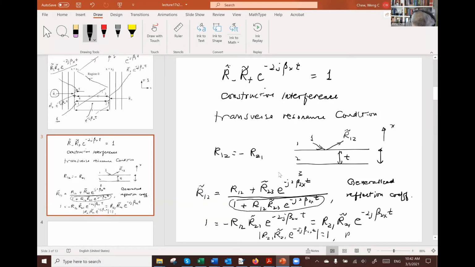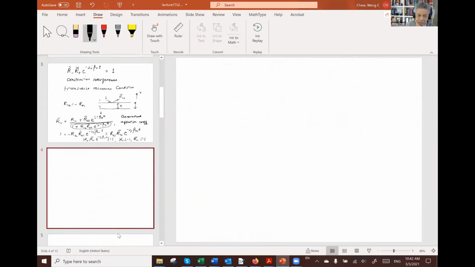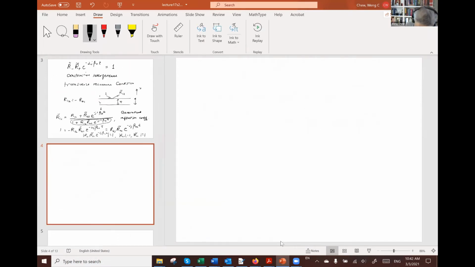This also implies, usually, unless you go to the very complicated case, that this has to be 1. When you have this to be 1, this equation can be satisfied with the proper phase factor that you put in there. And these reflection coefficients can only have magnitude one when you have, for instance, total internal reflection. Another case is when you might not have total internal reflection, but the wave comes in, you have a PEC here.